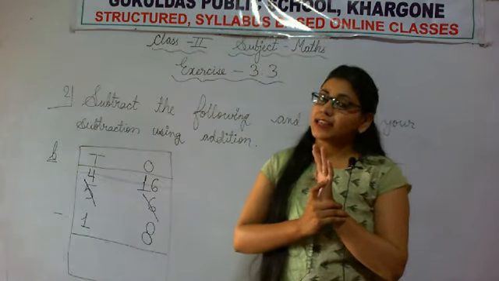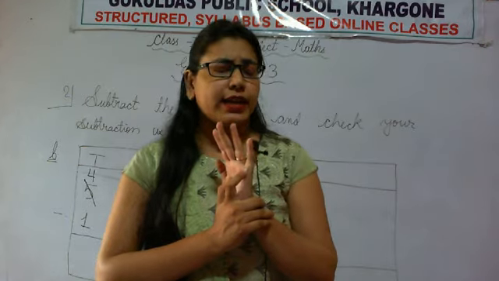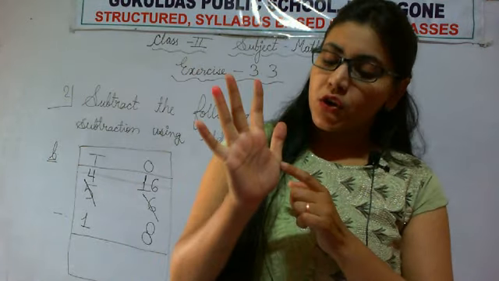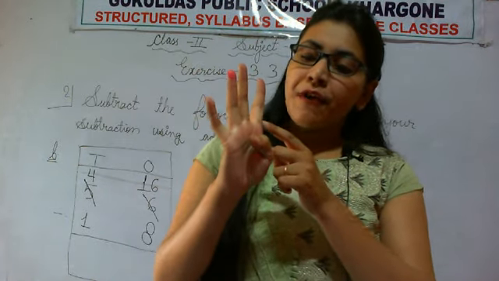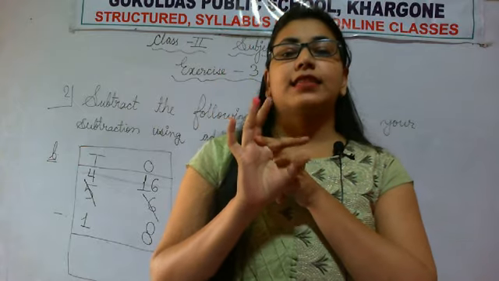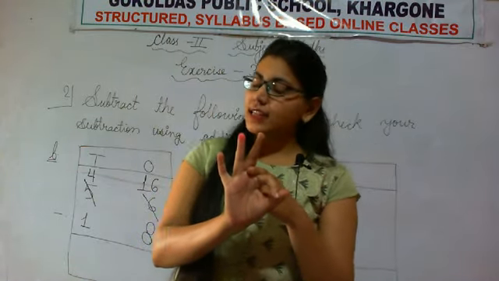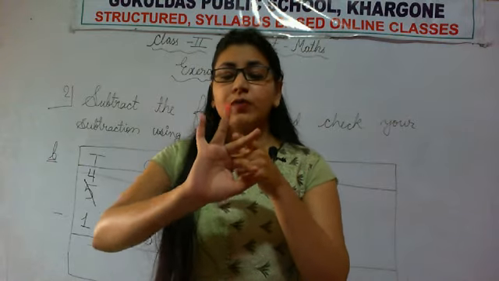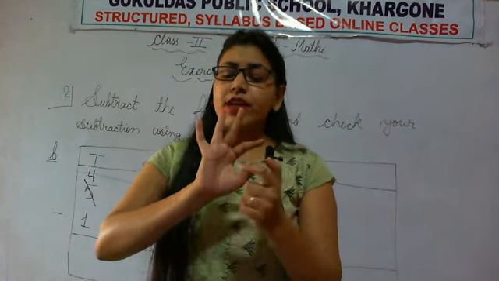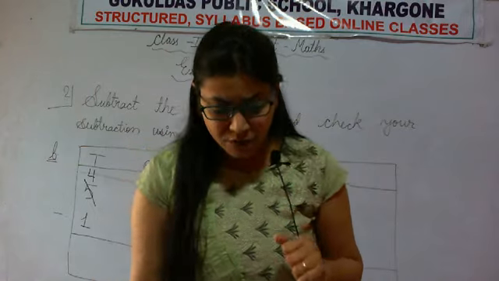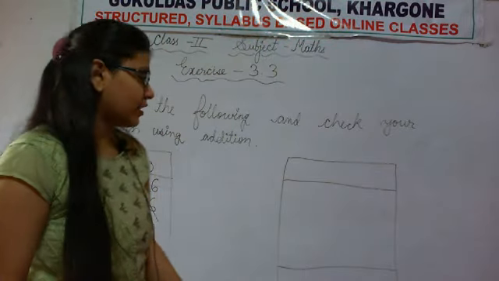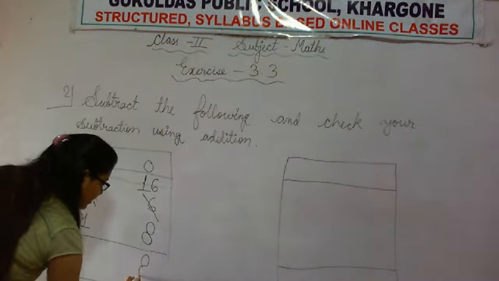Minus 8 is there, so we'll count 8 times backward: 1, 2, 3, 4, 5, 6, 7, 8. Now we'll count the remaining finger marks: 1, 2, 3, 4, 5, 6, 7, 8. 8 finger marks are left. So we'll write the number 8.